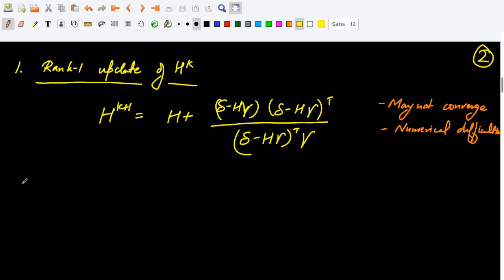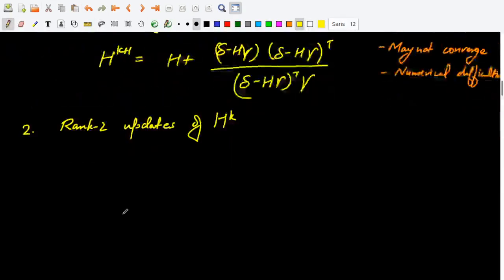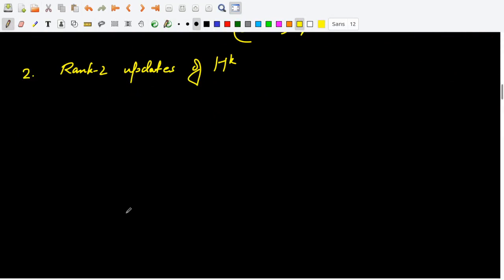Far more popular are the rank 2 updates. One of which we saw last time, that was the DFP formula.